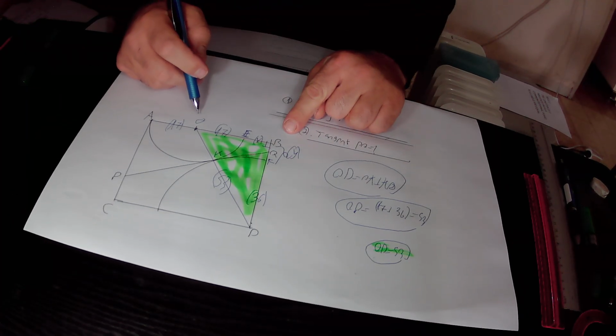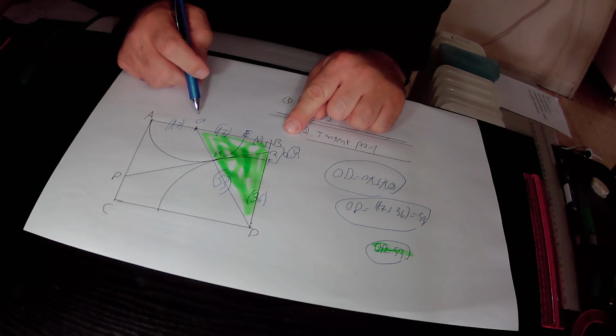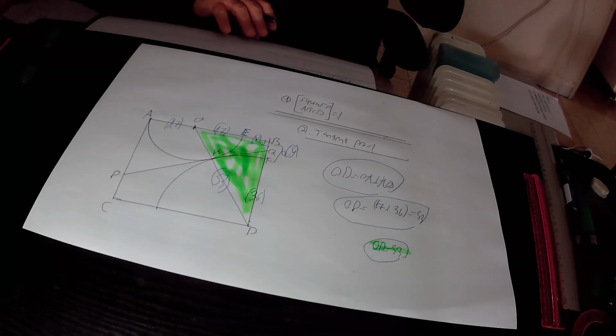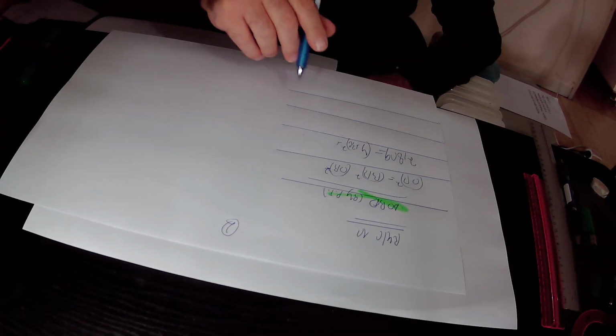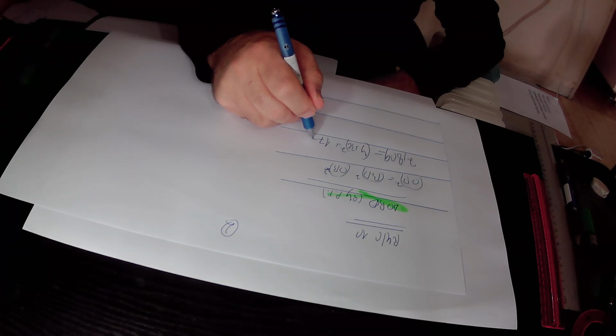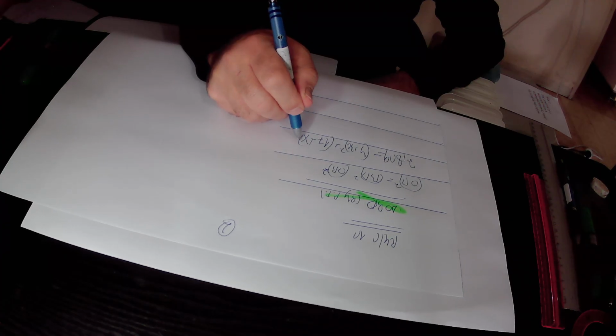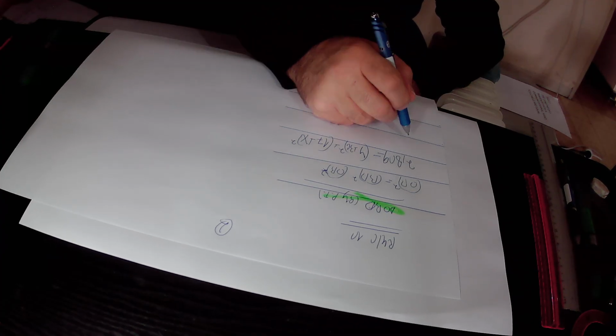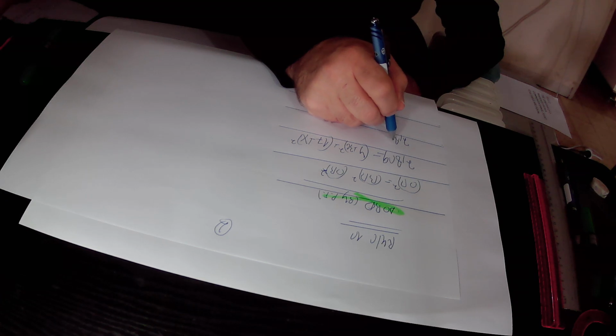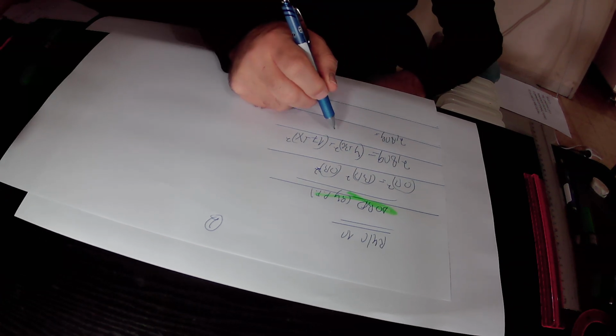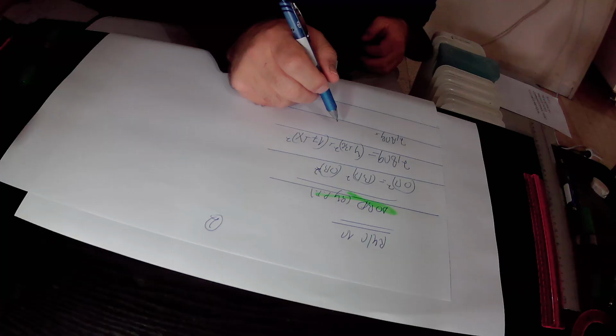Plus OB squared. OB in total is 17 plus x, therefore OB squared is (17 plus x) squared. So in total we found out that 2,809 equals (y plus 36) squared plus (17 plus x) squared.